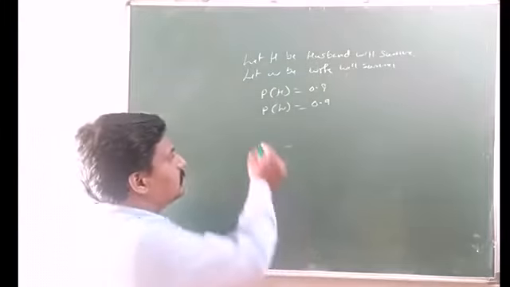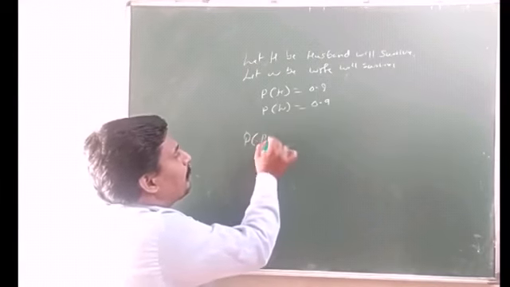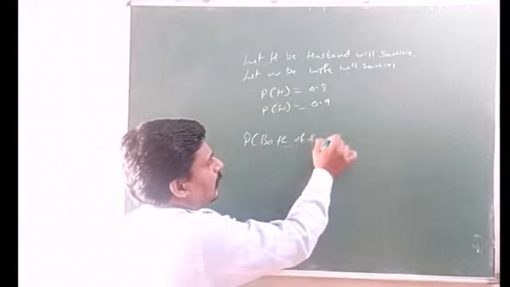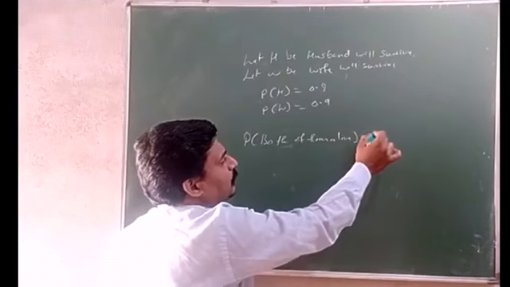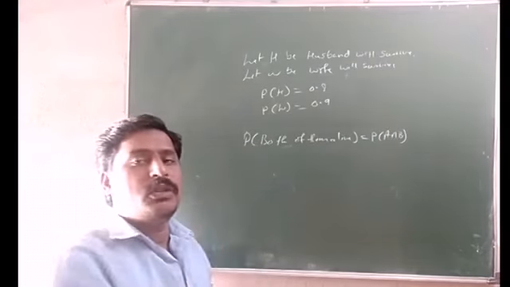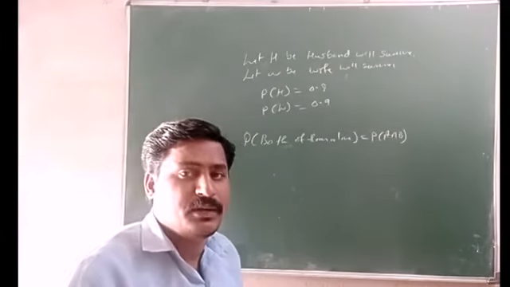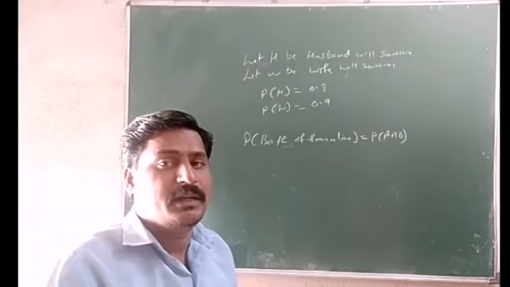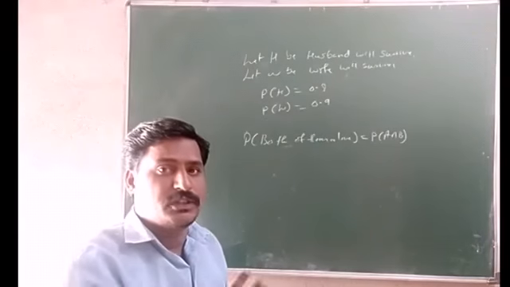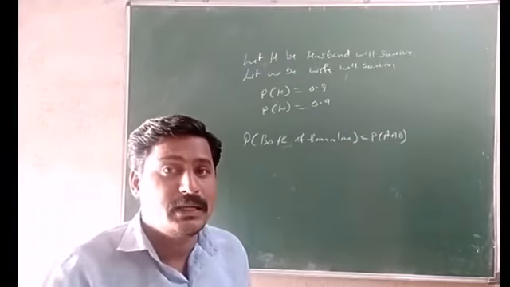So the probability of both of them alive is equal to the probability of A intersection B. And here both events are independent. So the survival of either husband or wife is not dependent on each other. Both are independent events.